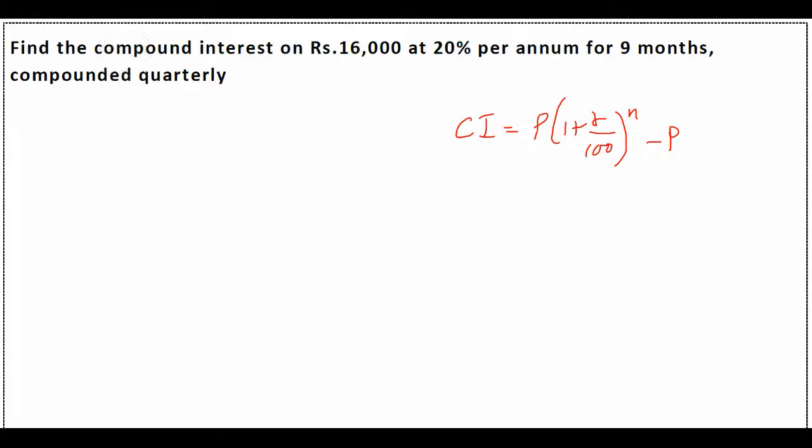So clear? We are not going to use this formula. This is the base formula, for compounded annually. But look here, they have given compounded quarterly and for 9 months only. So the formula has to be changed a little bit. The number of years should be 9 by 12, and the rate of interest will be divided by 4, that is 400.